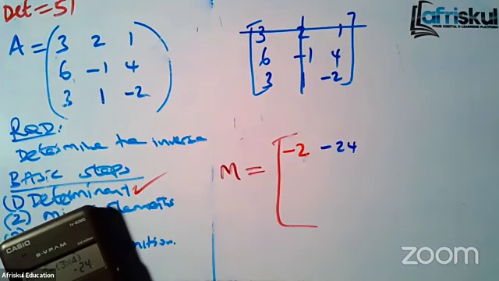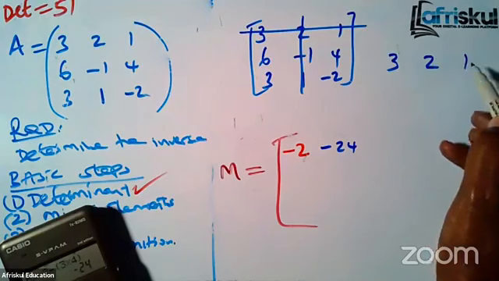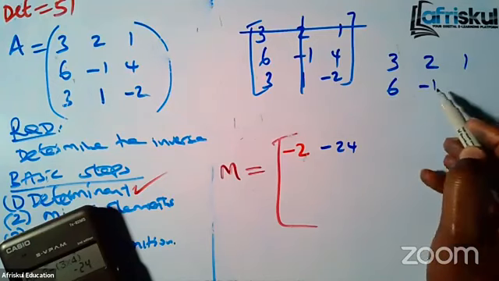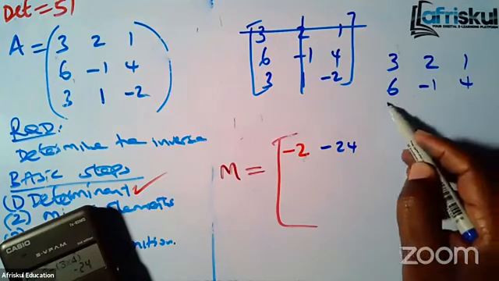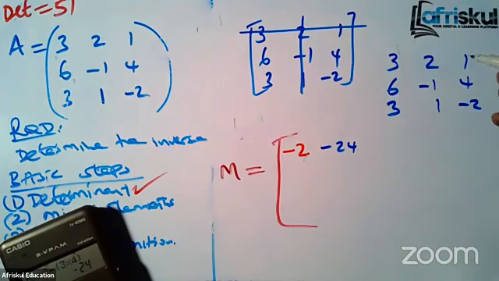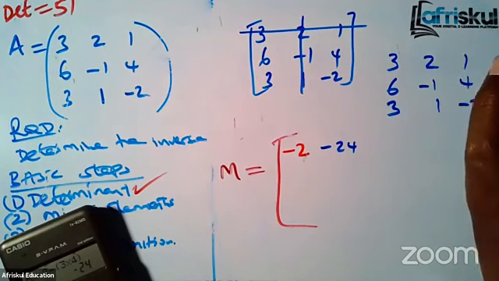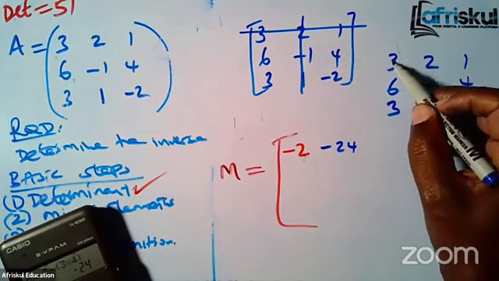Go to the next one. The next one, ladies and gentlemen, I should be able to do this really without even putting any line. So we have 3, 1, and minus 2. So now I'm at this third figure here. Then I should be able to visualize by just the use of my eyes alone that this is in row 1.